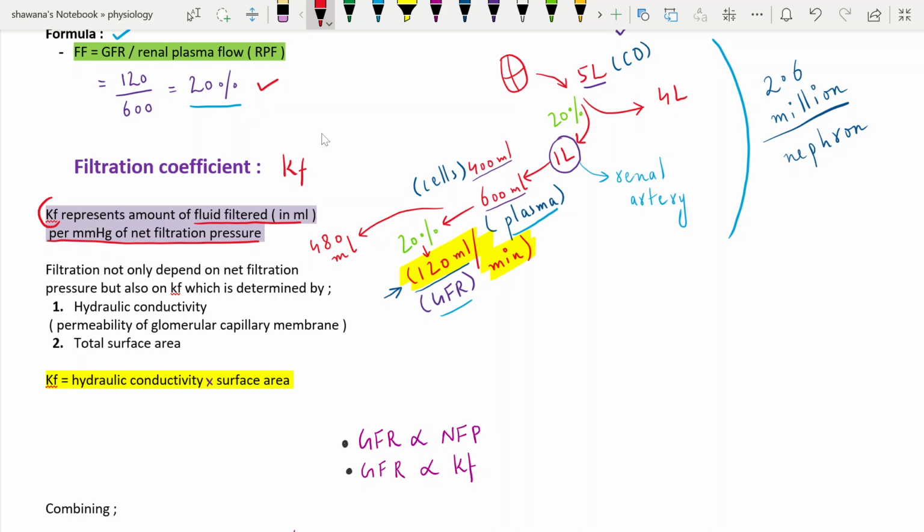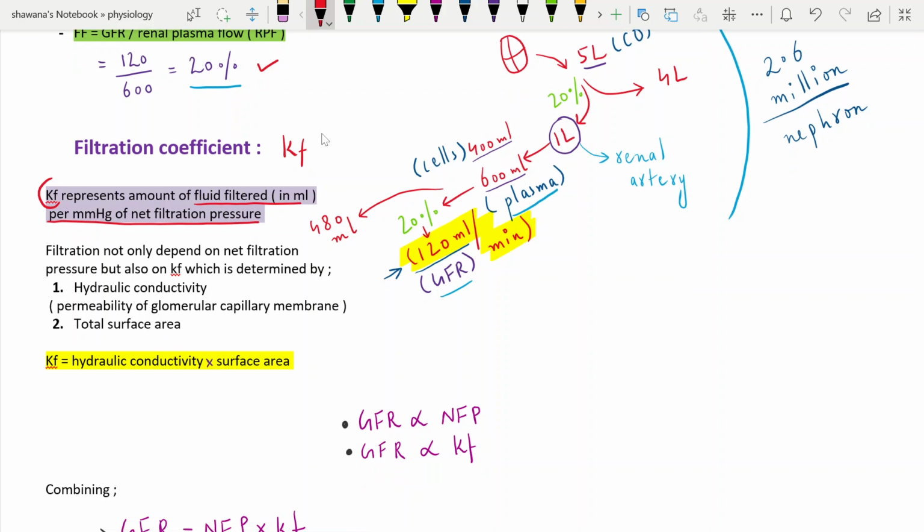First is the hydraulic conductivity of the glomerular capillary membranes, which is the permeability, and the second is the total surface area. When we increase the permeability due to any condition, we increase the filtration coefficient. And when we increase the total surface area for the filtration, we increase the filtration coefficient.